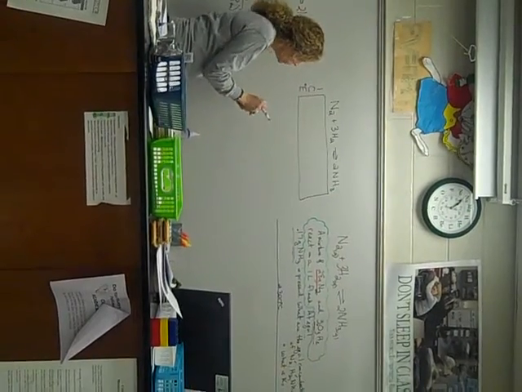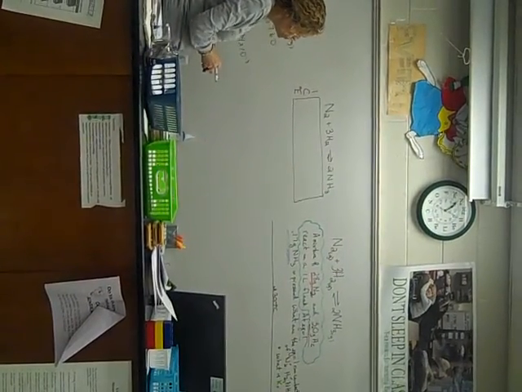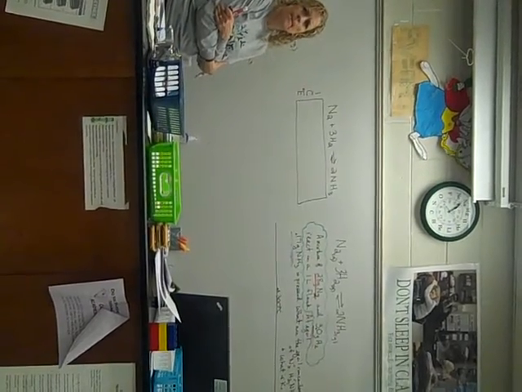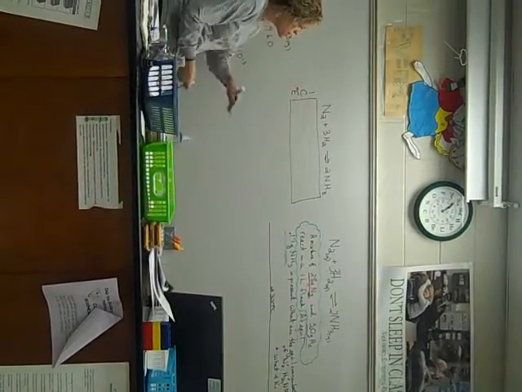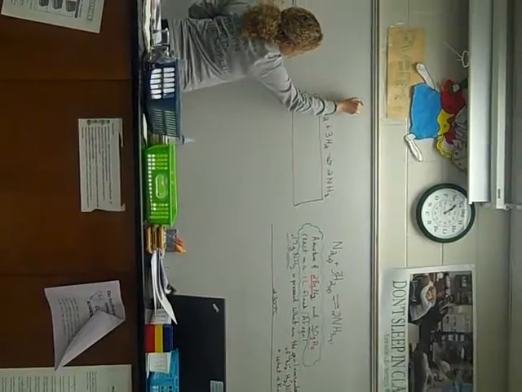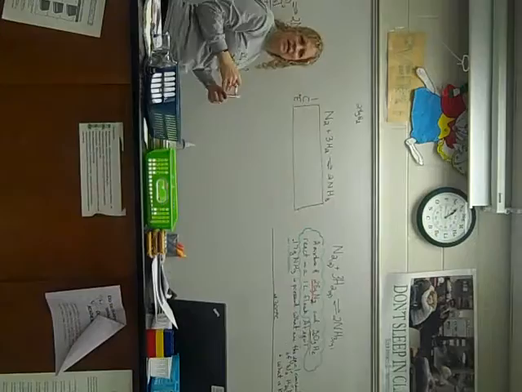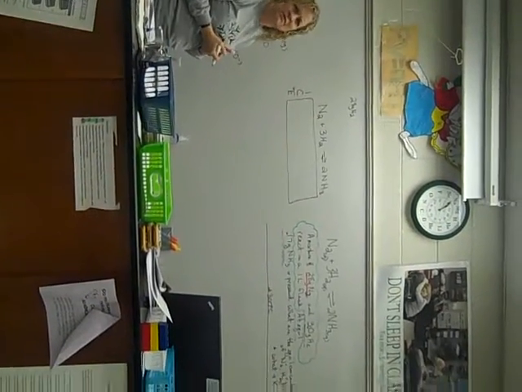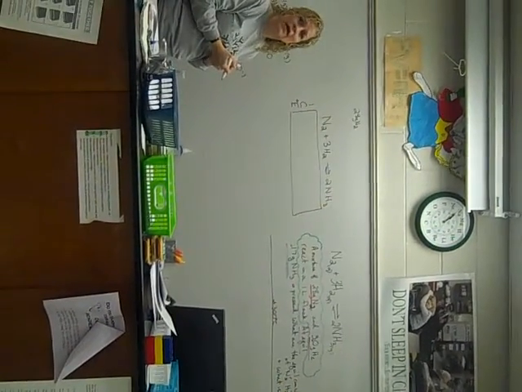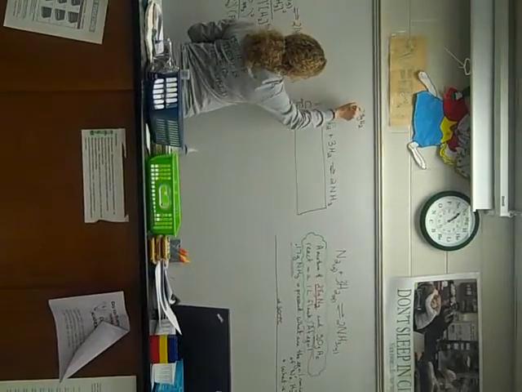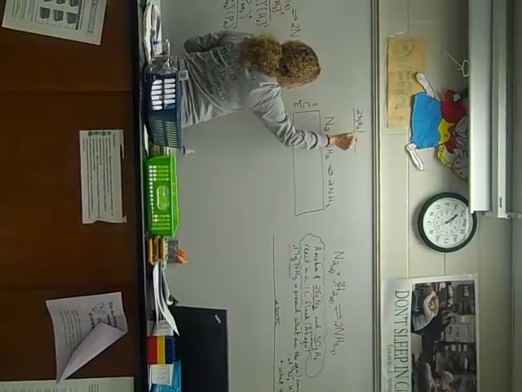Okay, so what do we have initially? What do we know about our nitrogen? We have 28 grams of nitrogen. Can I put grams in my expression? No. I have to get it to molarity, don't I? So let's first get grams to moles. What's the molar mass of N2? Be careful.